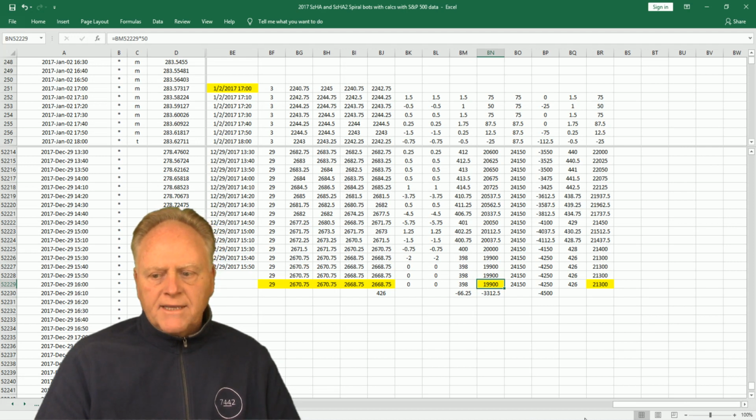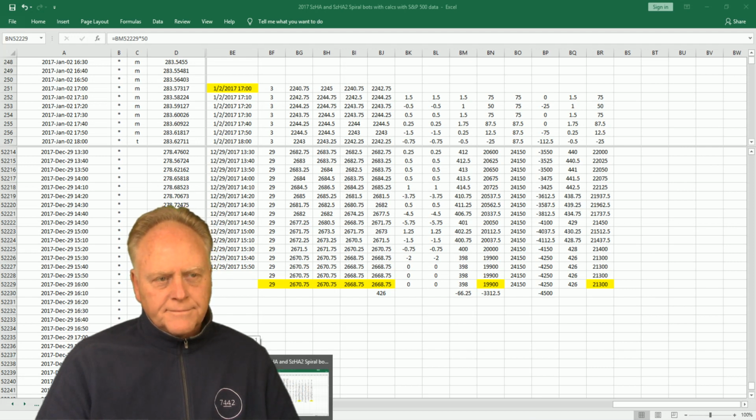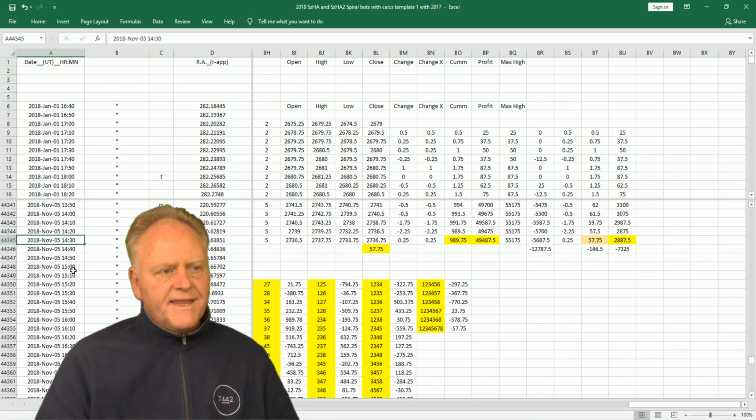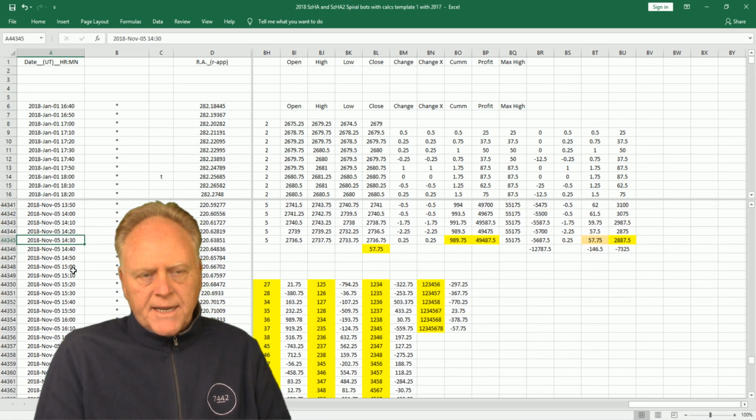All right, now I applied the same thing to 2018. It took me a while to do this, like all day. I took the same data, pre-computed the spiral through November 5th, and that's when I cut off the real-time market bias application.